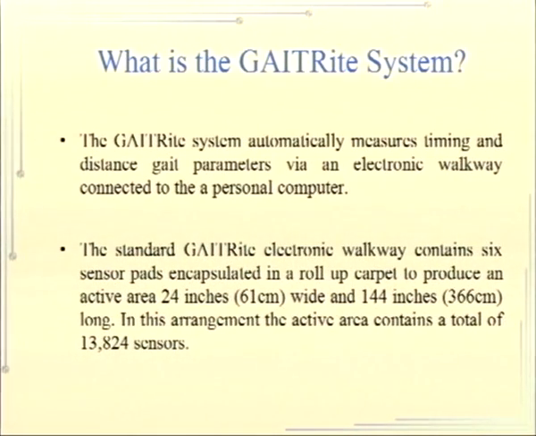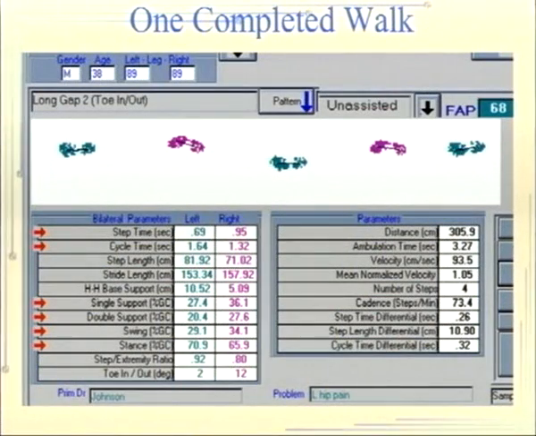As an individual walks down this walkway, it automatically collects information about steps, step length, how fast you're walking, how wide your gait is.